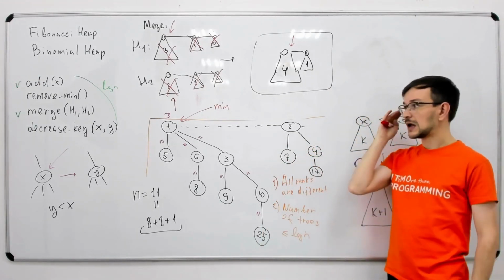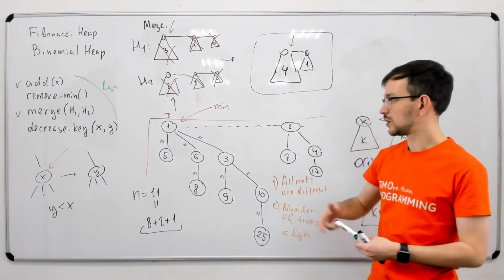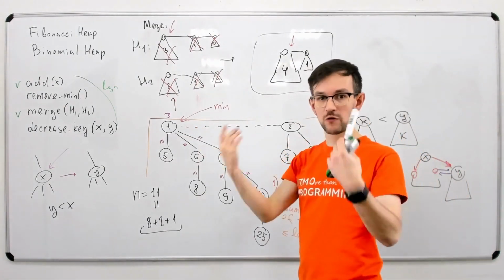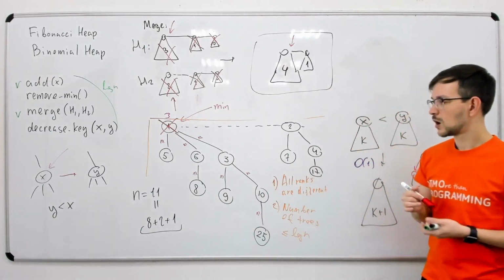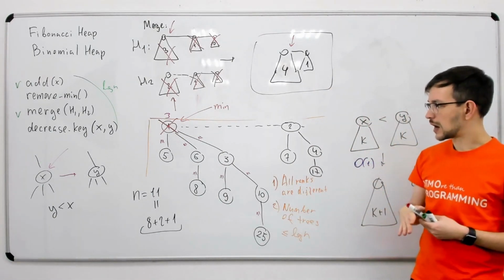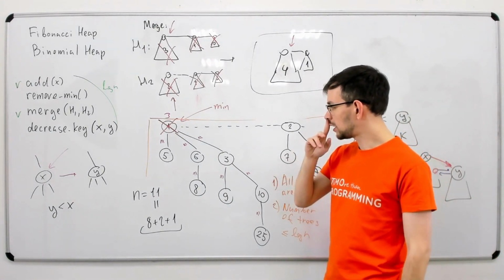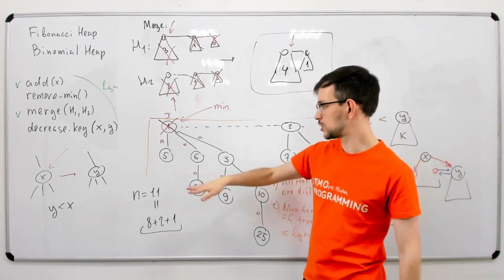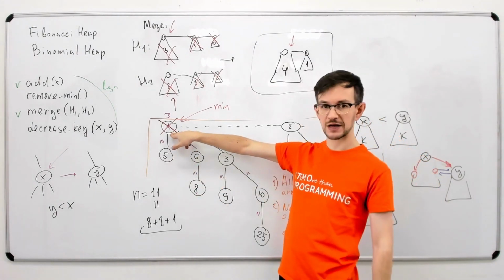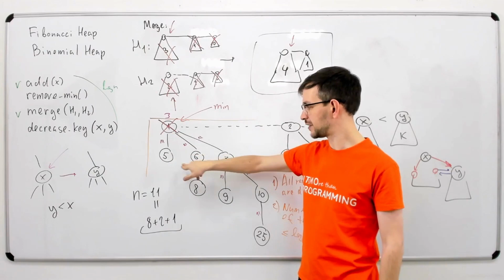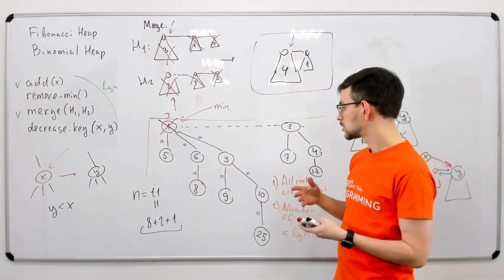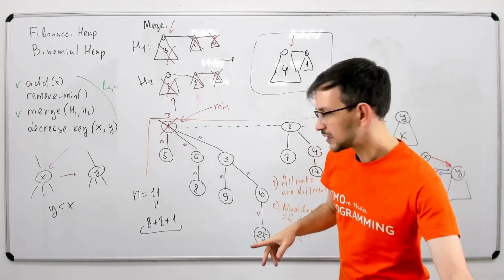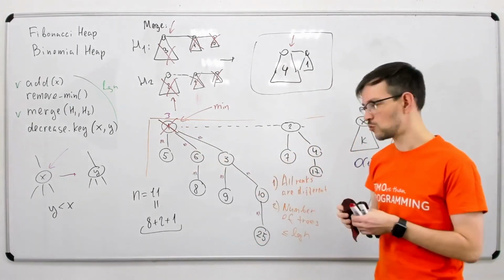Now, let's remove this element. So we take this element and remove it from the binomial heap. What will be left? We will need to take care of its children. After we remove this element, we have these children elements, and we need to do something about them. So what can we do? We can take all the children of this removed minimal element.